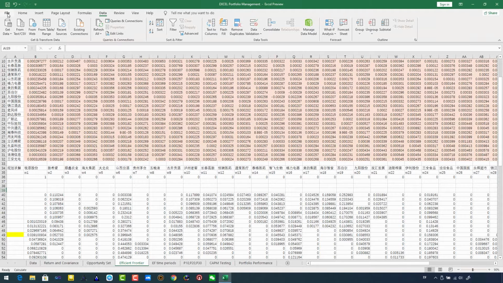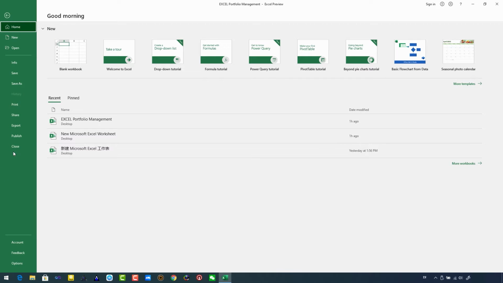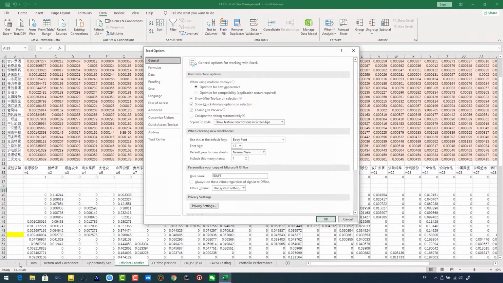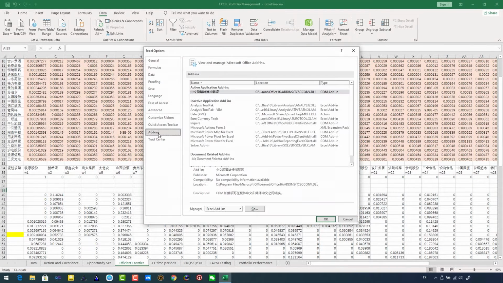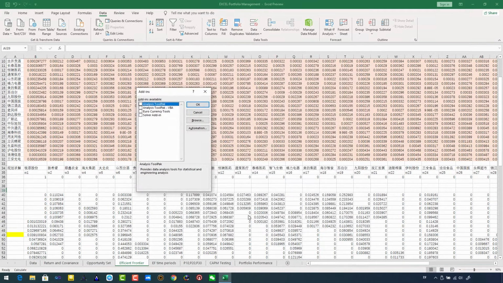So click File and you will find Options, and then we can click Add-ins. And then for the add-in part, we click Go. And here we have different add-ins. So if we want to add in Solver, you click that.